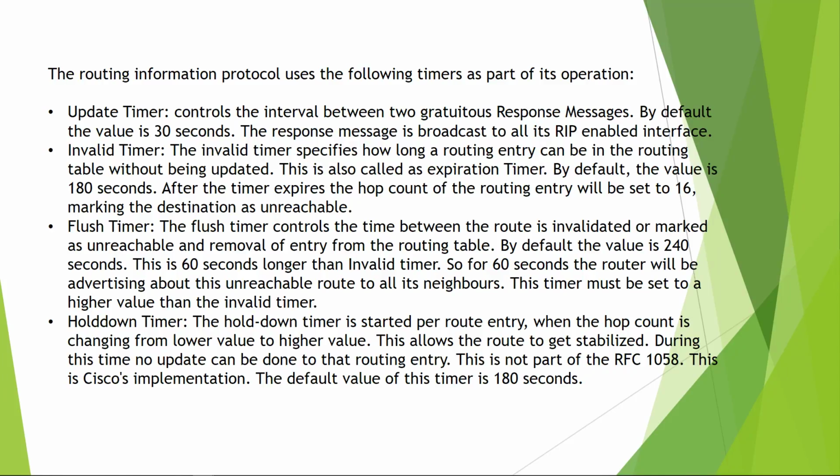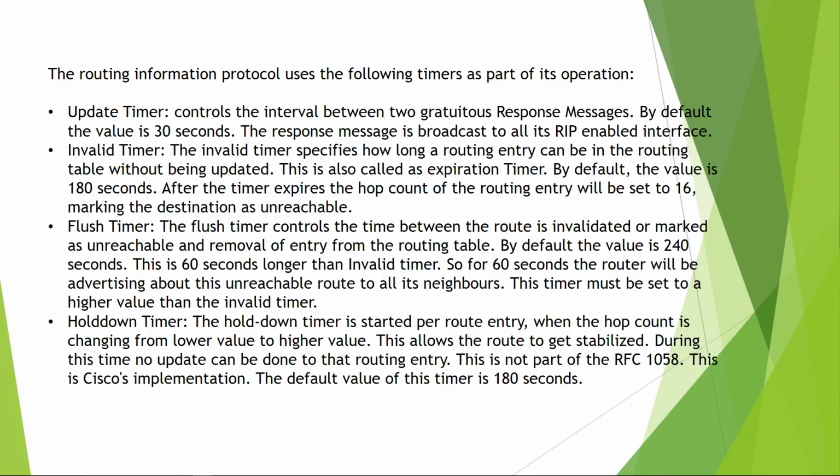Flush timer. The flush timer controls the time between when the route is invalidated or marked as unreachable and the removal of the entry from the routing table. By default, the value is 240 seconds.